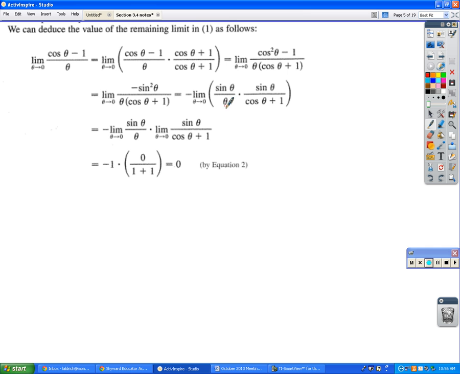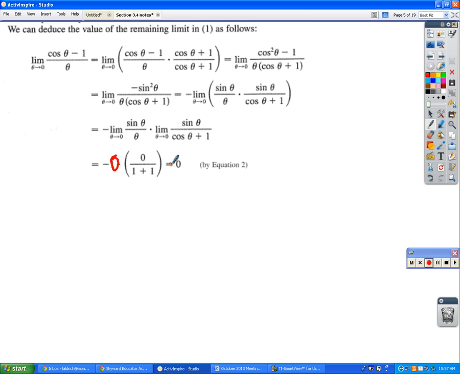So this limit we know already: sine theta over theta, as theta approaches 0, is 1. That's from our note card, okay? And the fun thing about this one is now that we don't have that theta on the bottom, we can just figure that out by substituting in 0 directly.